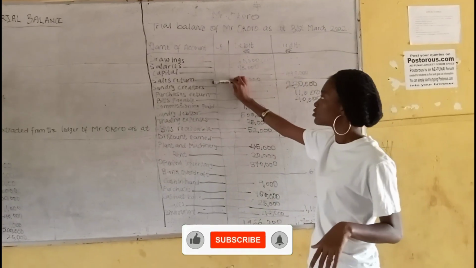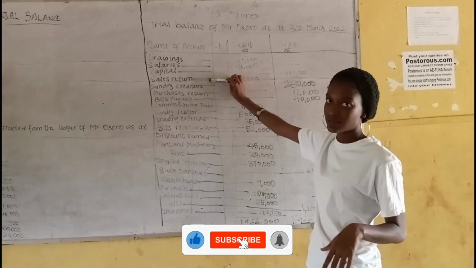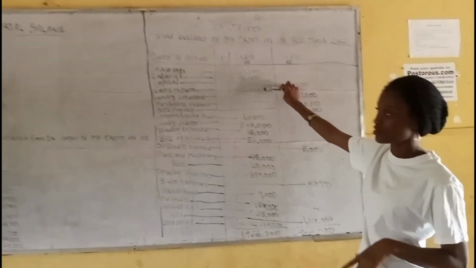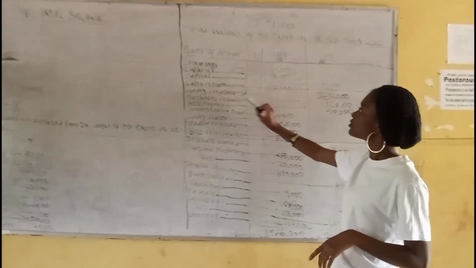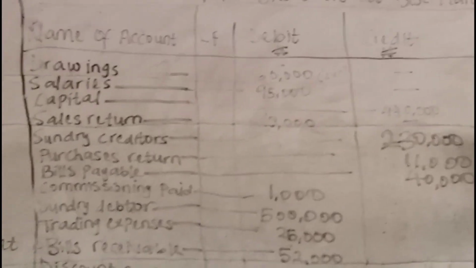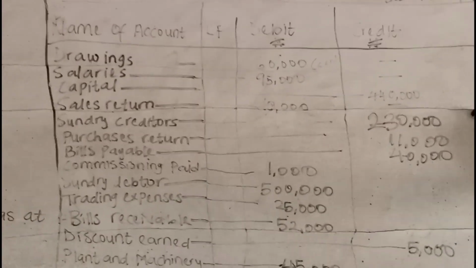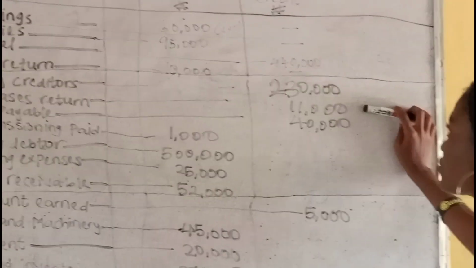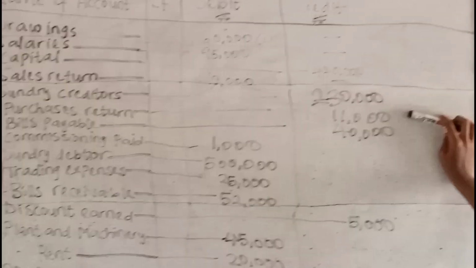Your sales returns is an expense and will be recorded at the debit side, amounting to 10,000 naira. Your sundry creditors amounting to 230,000 naira will be recorded at the credit side. Your purchases returns amounting to 11,000 also at the credit side.